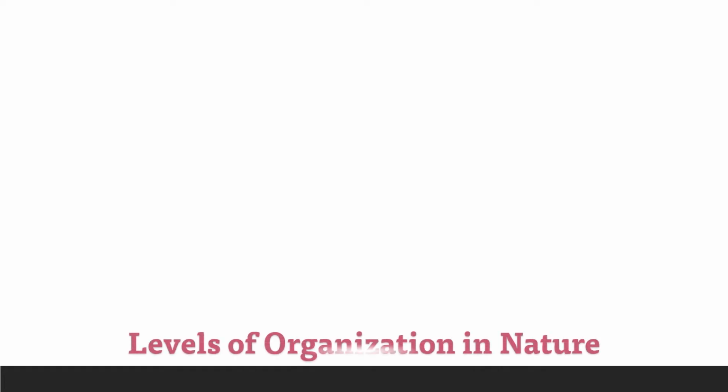Before starting with the ecosystem, let's first of all understand the levels of organization in nature. First level, organism, individual living being. An organism is any living thing such as an animal, plant or a microbe.